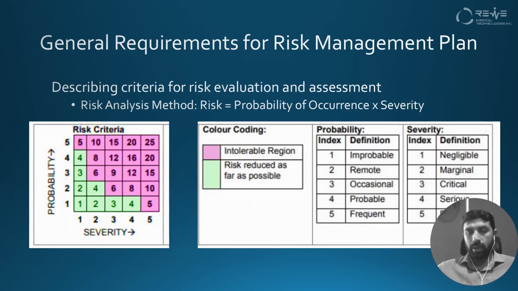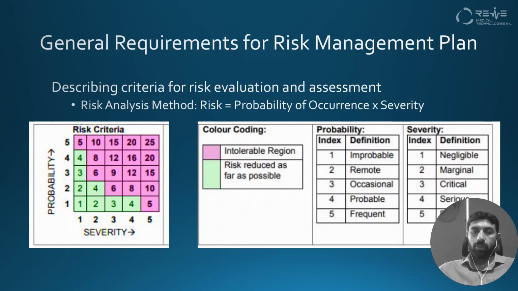If the risk occurs often, then we assign its probability factor as 4. Similarly, we assign the probability factor 5 if the risk is occurring frequently in its usage.